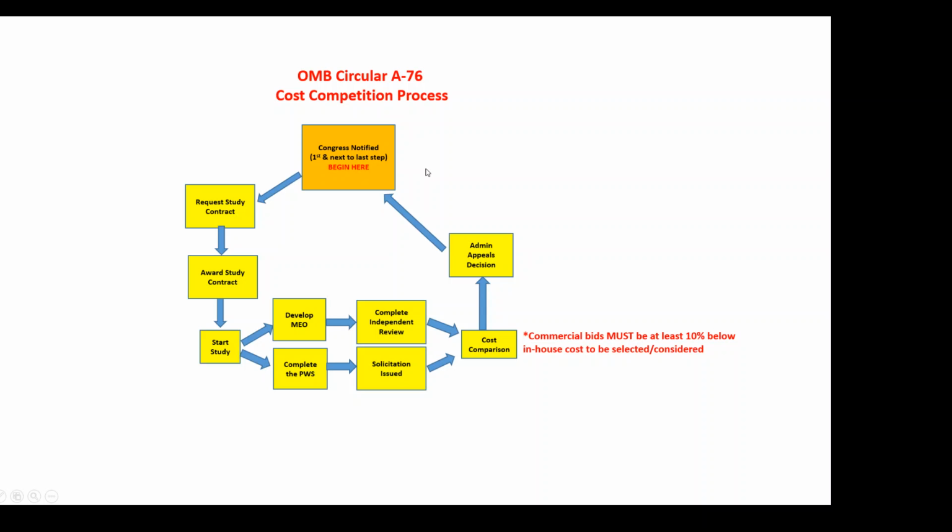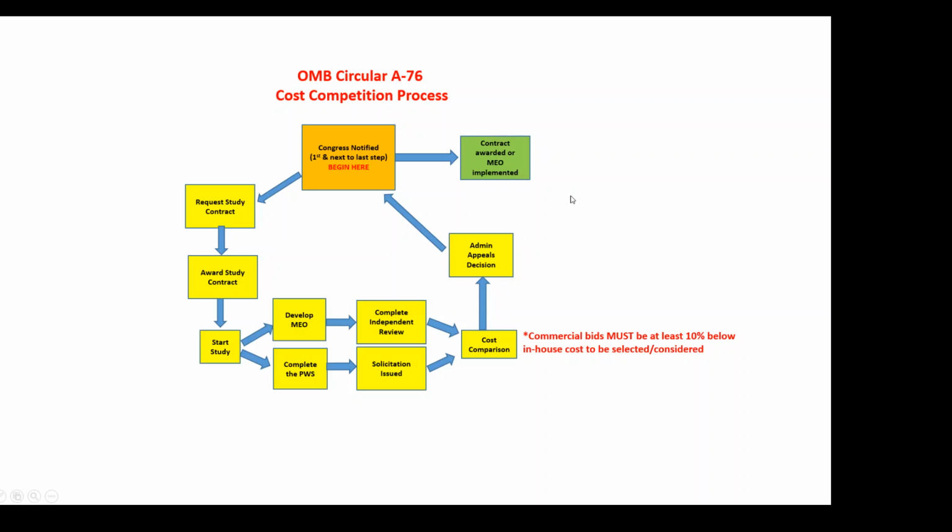Congress then has to determine funding levels, because again, we get money from Congress. So Congress determines funding and reviews the results of the A76 study to determine the level of funding. Once Congress approves the funding, the contract is awarded, or we implement the in-house government structure, which is the most efficient organization.